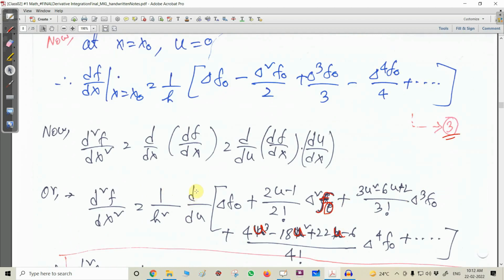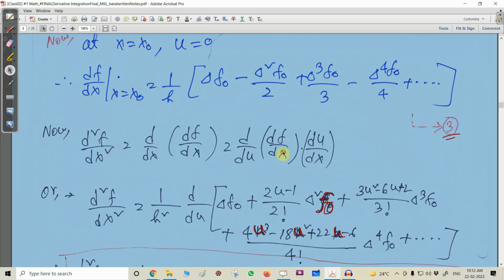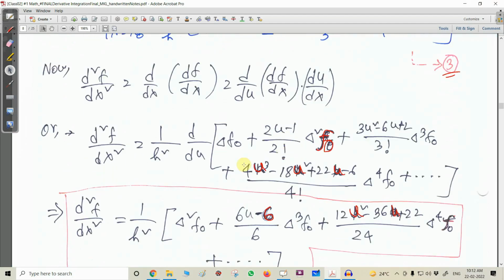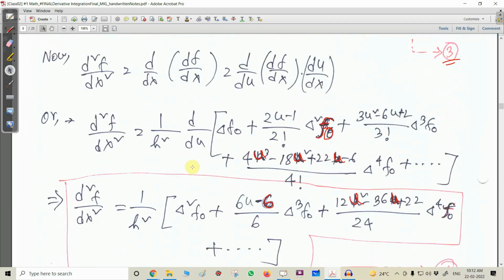So you are simply writing d du of that term df dx, which we knew from equation 2. We are writing it here. So this is f0, this is u, this is u, this is u. So d2f dx2 will be 1 by h square, delta square f0 plus (6u minus 6) by 6. We are just simply taking the derivative of this term.